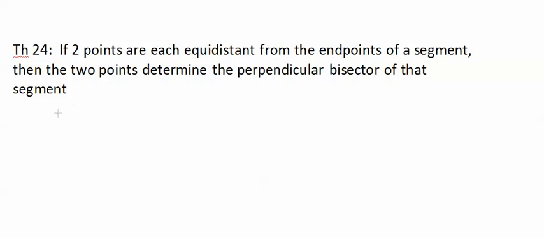Well, it means that if I have a segment and I have 2 points, and I know that these 2 points are equidistant, meaning that this side is congruent to that, and then this side congruent to this side, then the line drawn through the 2 points, if I can get it through the 2 points, is indeed going to be a perpendicular bisector to that line segment.